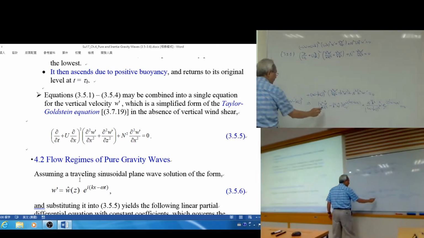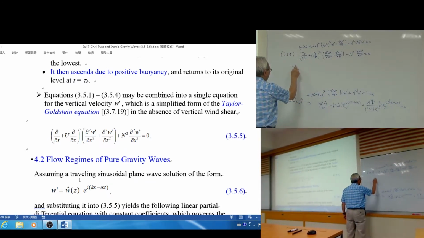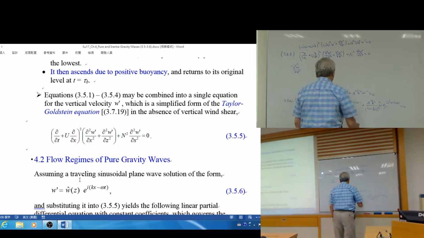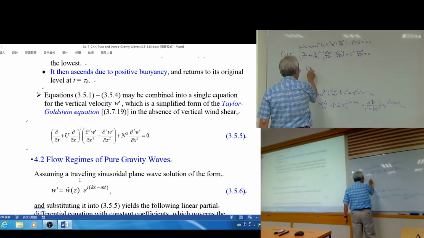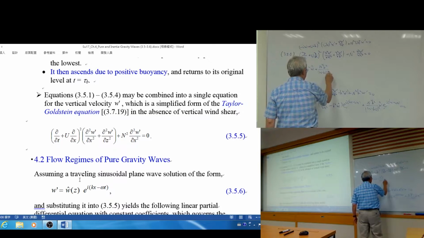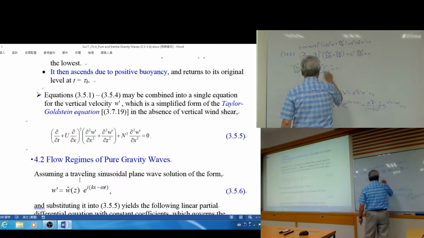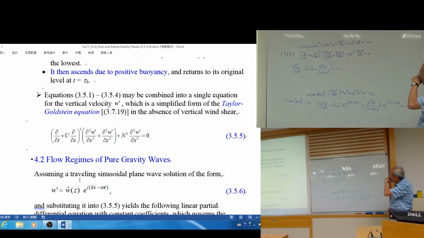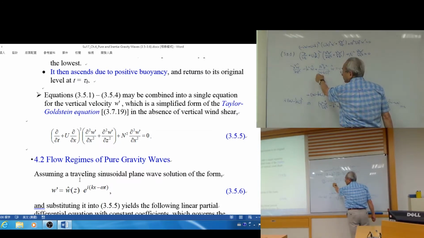So then this becomes d squared w hat over dz squared, minus k squared w hat, plus N squared k squared divided by (omega minus ku) squared w hat, equals 0. And so these two can be combined.